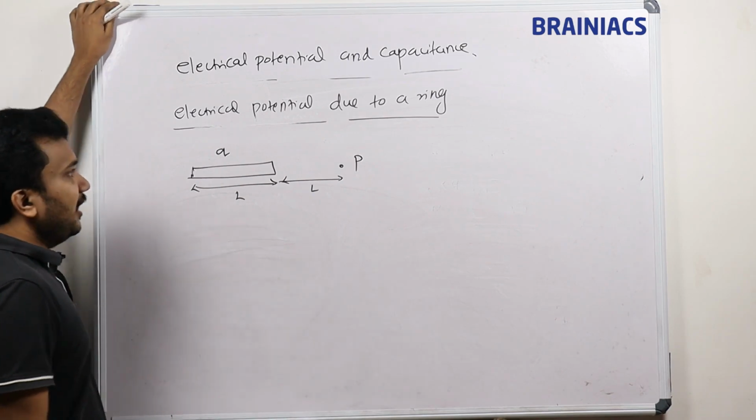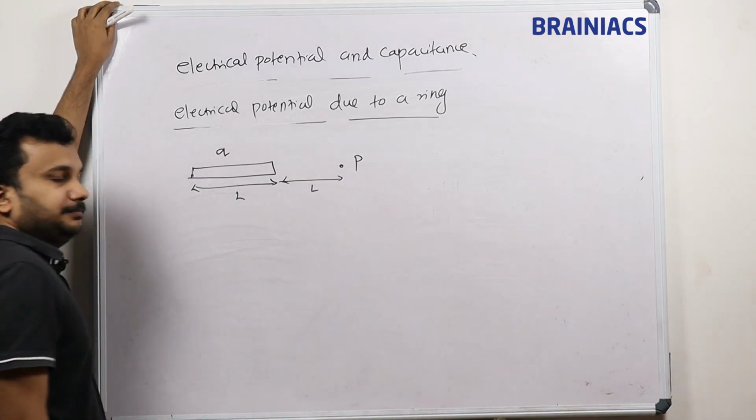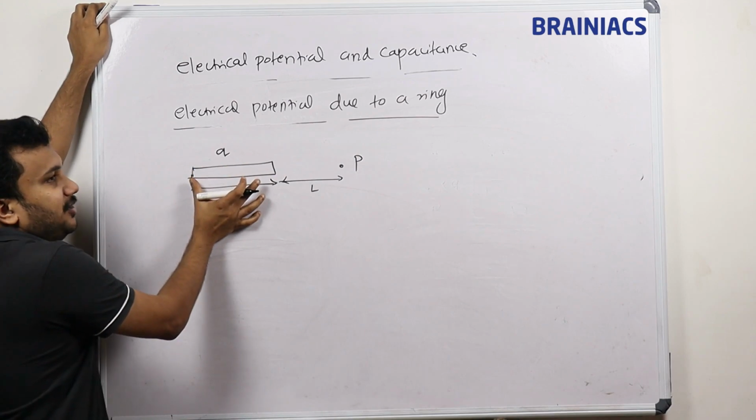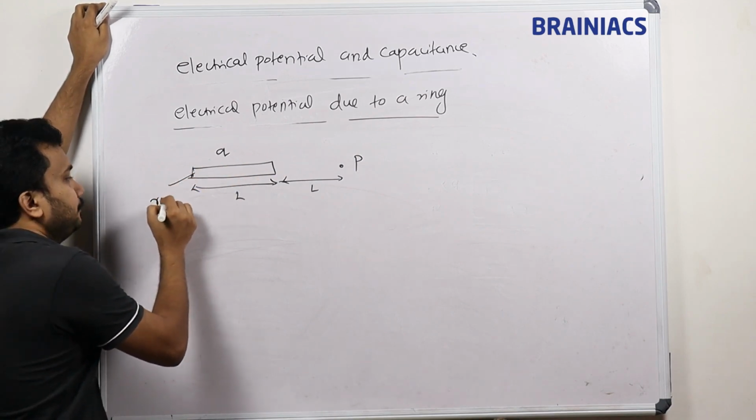The question is, I need to find out the potential at the point P. Here q amount of charge will be here. This is a rod.